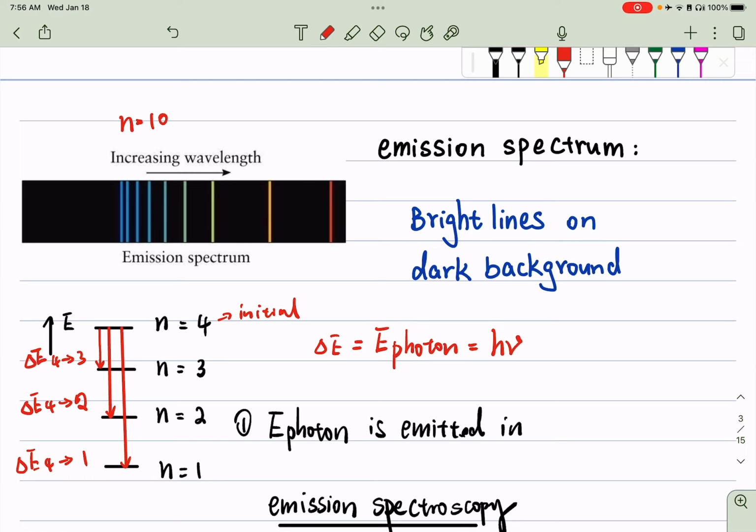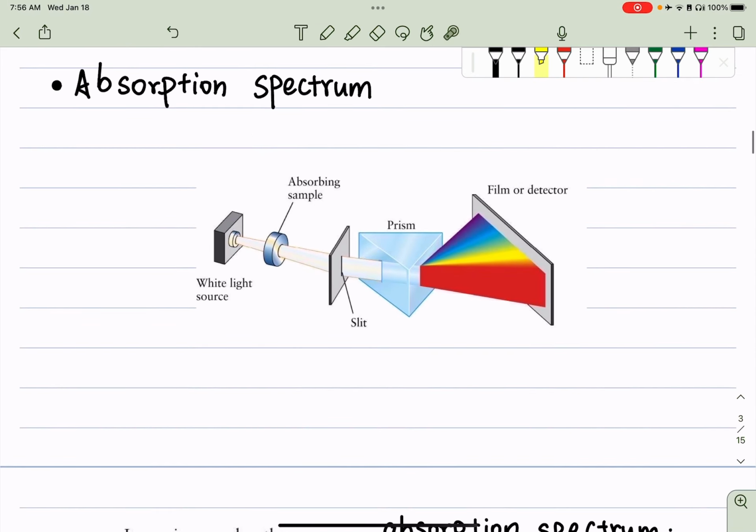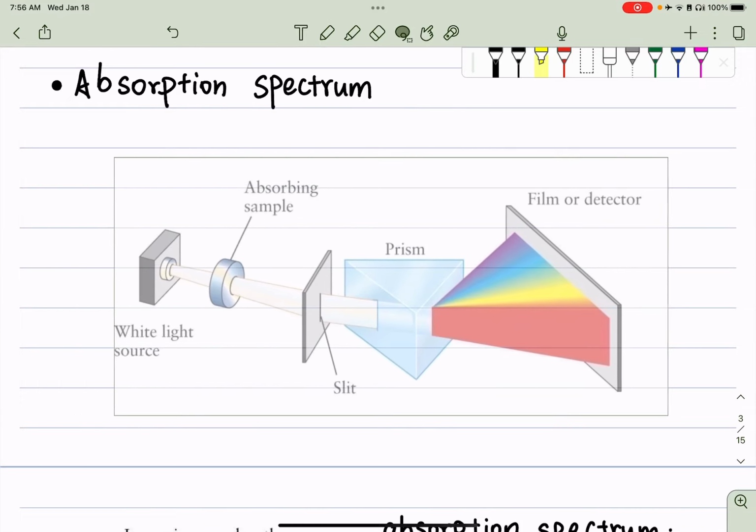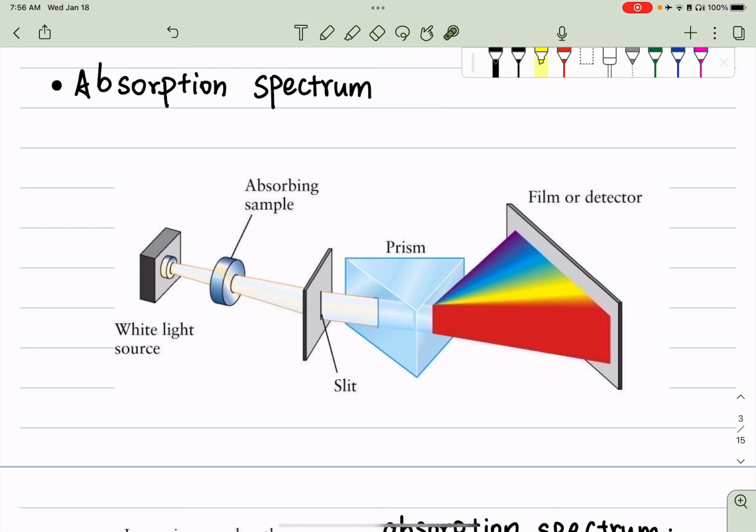All right. Likewise, we could have absorption spectroscopy or absorption spectrum. So the setup for the absorption spectrum is slightly different. We zoom it out a little bit. What we have now, instead of having the excited sample, is just the sample in its ground state.